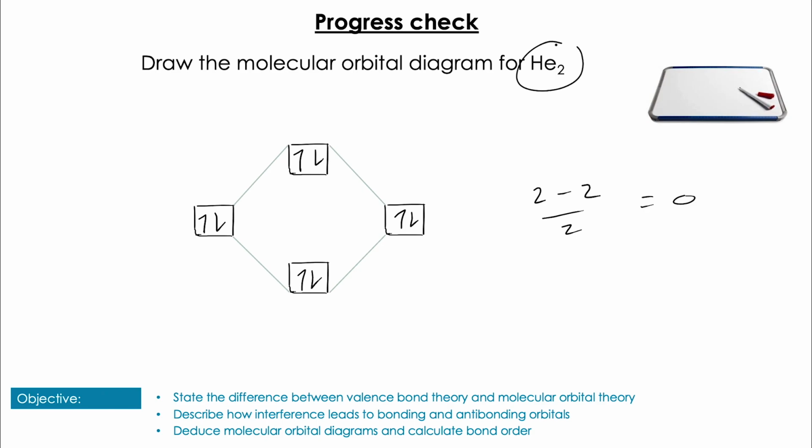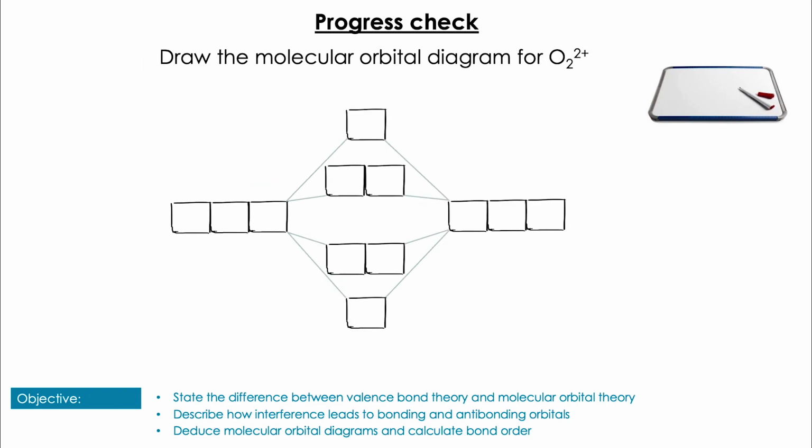That would give us a bond order of 0. And we would expect that because of course He is a noble gas, so won't actually form a bond with another helium atom anyway.